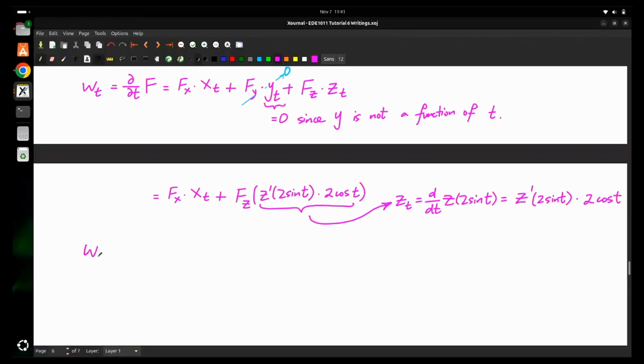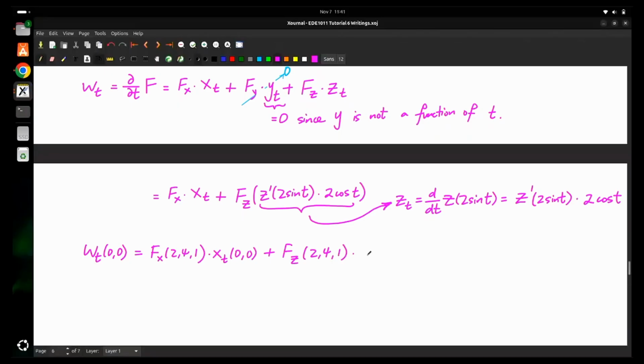Okay, so W sub T at (0, 0) has to be F sub X at (2, 4, 1) times X sub T at (0, 0), plus F sub Z at (2, 4, 1) as well, then multiplied by this expression.